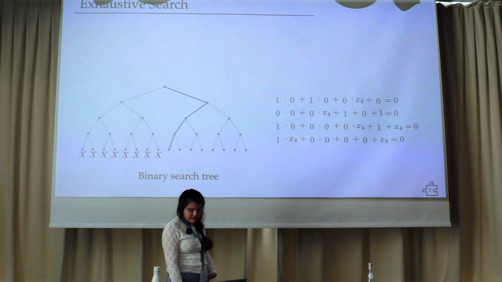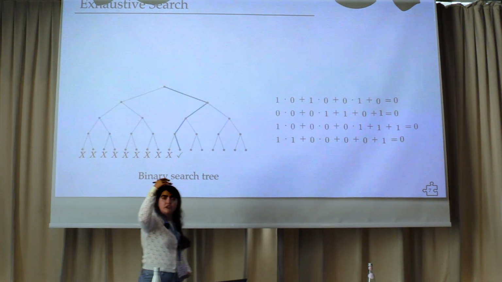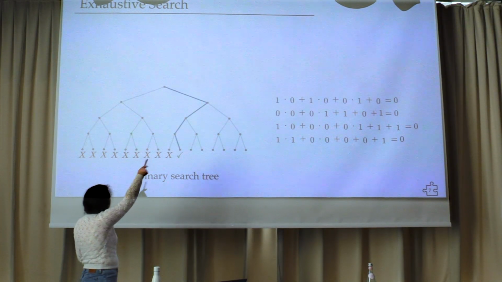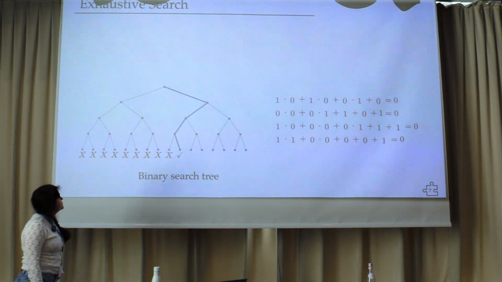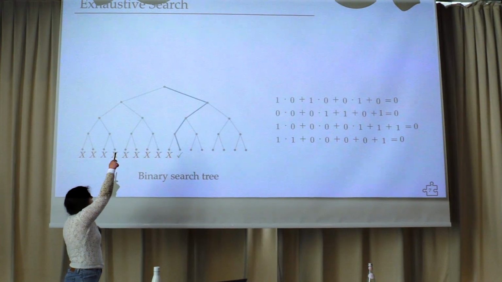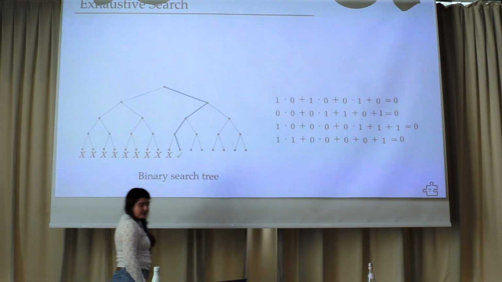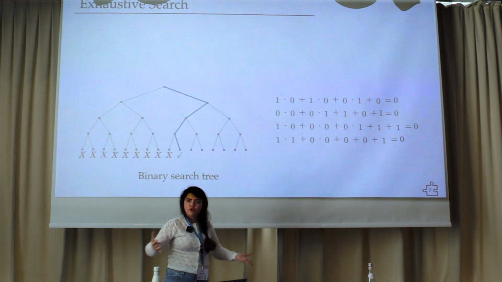At some point you see that here I found a solution, a branching where all of the equations are equal to 0. So it was the branching x1 = 1, and then x2 = 0, 0, and then again 1. So we found the solution by just brute forcing it.